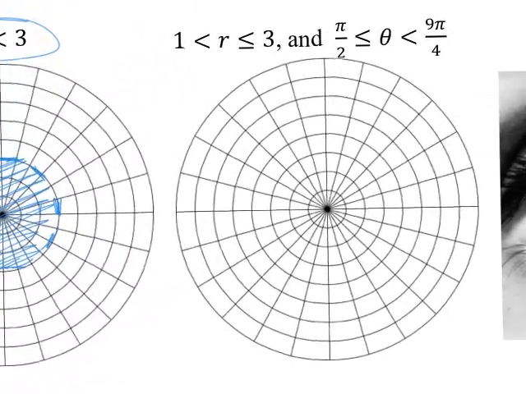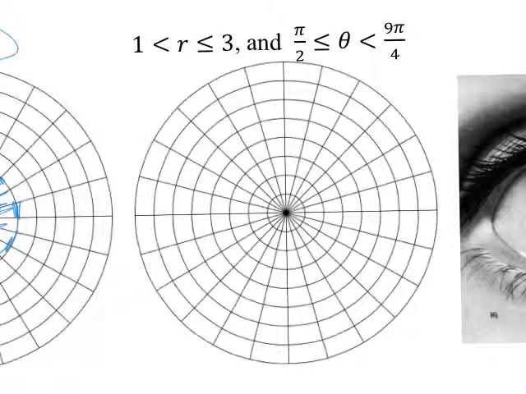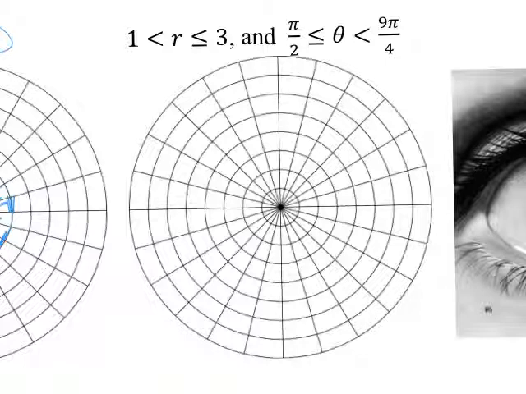And finally, next one, between 1 and 3, we don't include the 1, so we're going to dash a line at 1, and we're going to include 3, so we do a solid at 3, and it's between pi halves, that's this angle here, and 9 pi fourths.